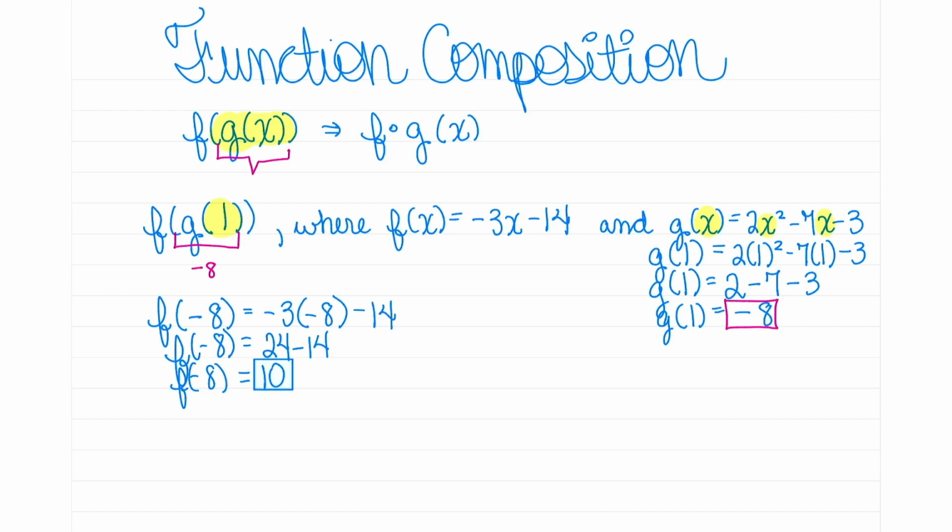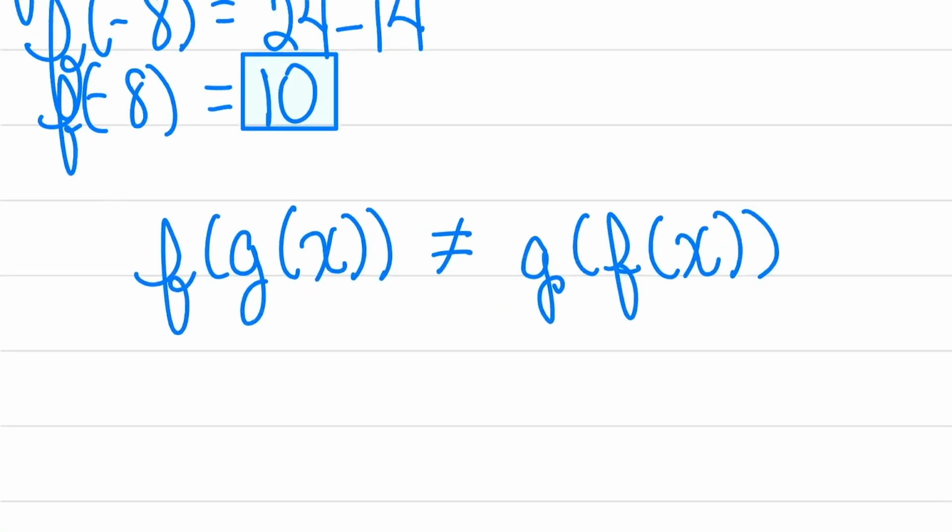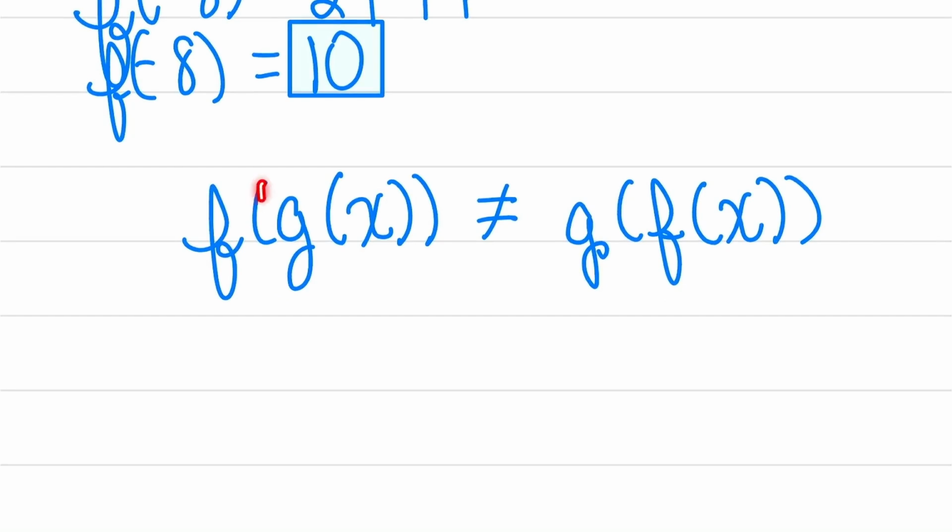Now I do want to address something. Order is very important here. If I write down f of g of x, that is not the same thing as g of f of x. For the one on the left, for f of g of x, what we would be evaluating is this function and plugging that result into that function.